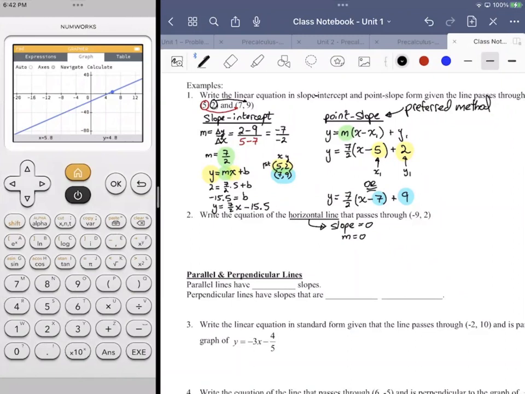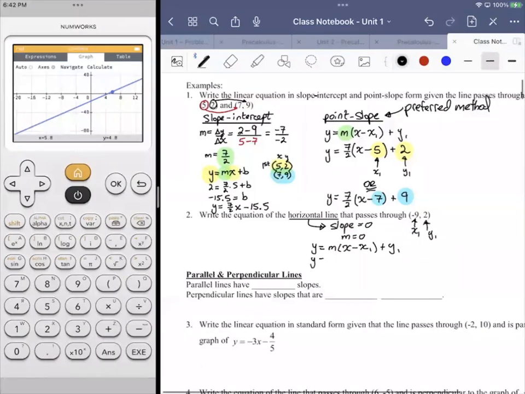All right, so if I use my point slope form, again, y equals m times x minus x sub 1 plus y sub 1. And here's my x sub 1, and my y sub 1. I'm going to replace the m with a 0. x minus negative 9, although that's going to be irrelevant in a second, but it's worth mentioning.